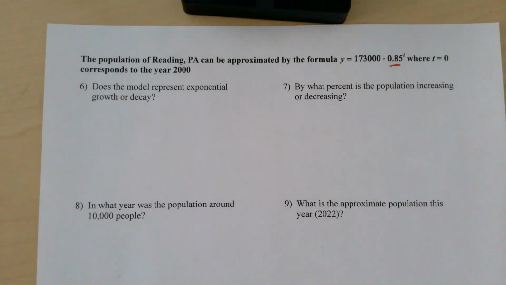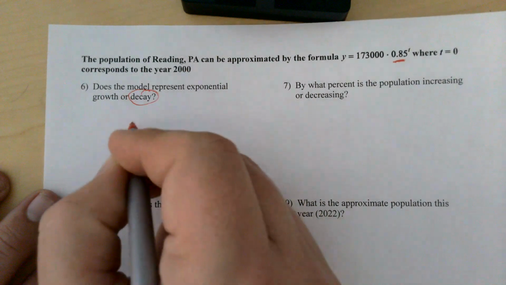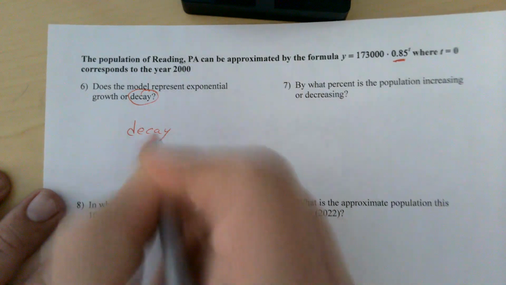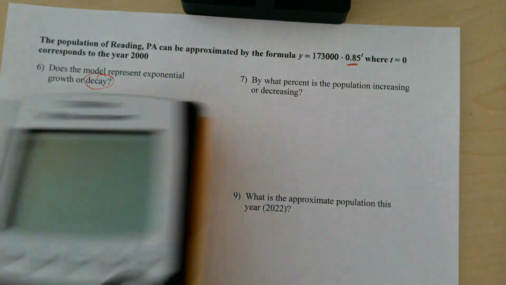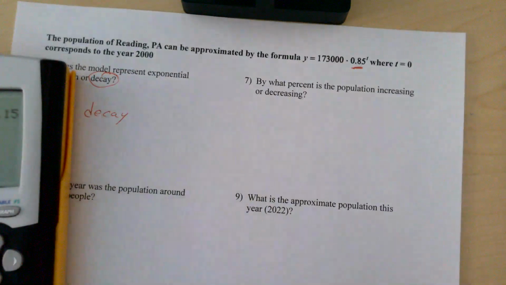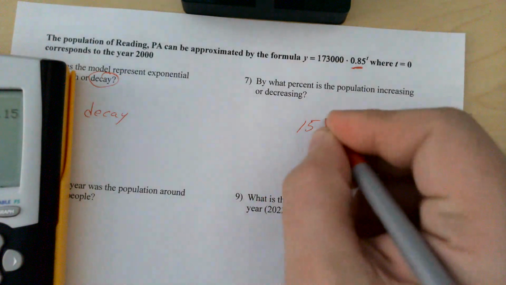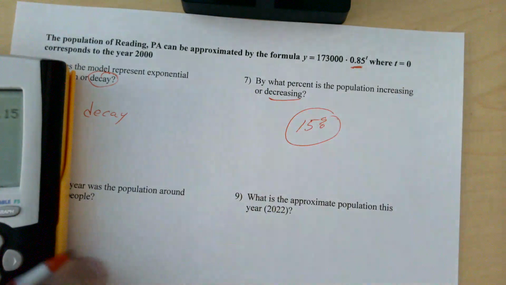As time goes on, it's going to decrease. Okay, so I know this is exponential decay. Okay, now since it's a 0.85, the percent, it's not 85% decrease, it's 1 minus 0.85. Okay, so it's 0.15, which is 15%. Okay, it's a 15% decrease.